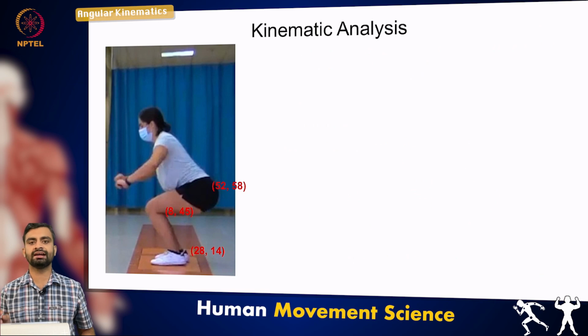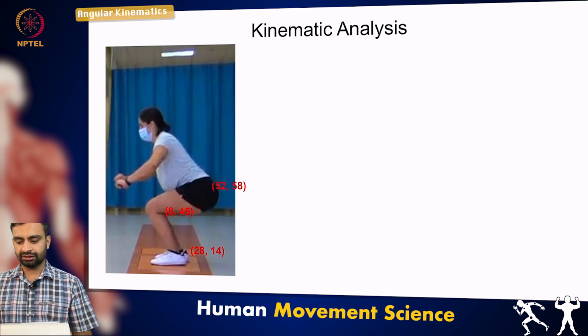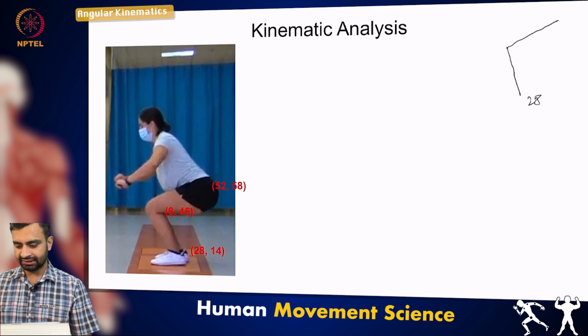Now let's look at the next phase, that is the maximum knee flexion phase. So over here, if we draw in similar ways, this point is 28 and 14, this is 8 and 45 and 52 and 58.